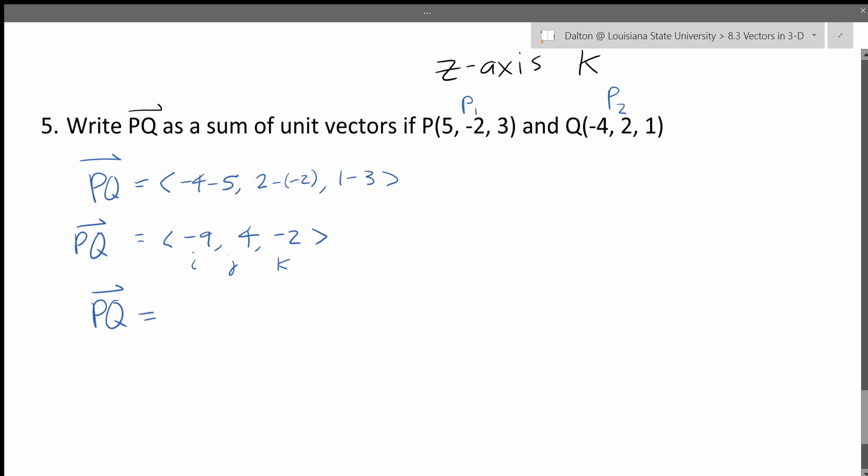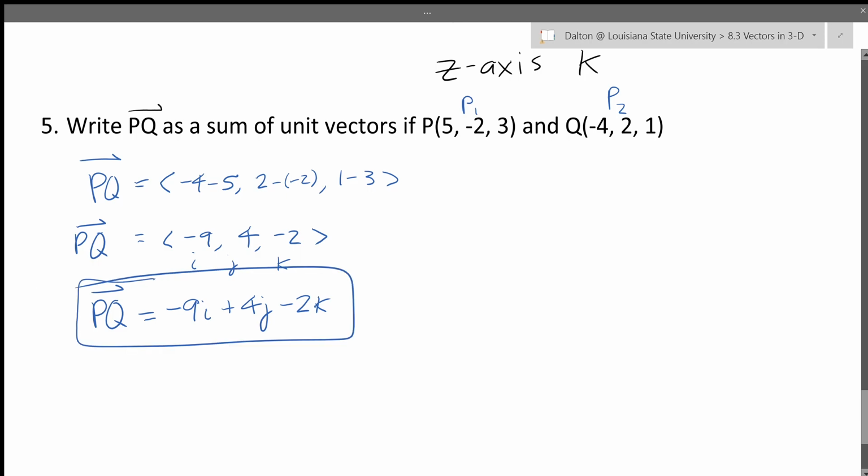If we were to add those 3 unit vectors, multiplying by scalars, we would get vector PQ again. So that'll look like this: -9i plus 4j minus 2k. This is what it looks like as a sum of unit vectors. You simply take the numbers of your vector and put those as coefficients to your unit vectors i, j, and k.